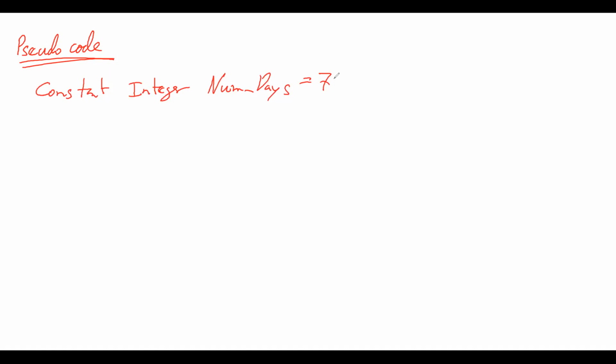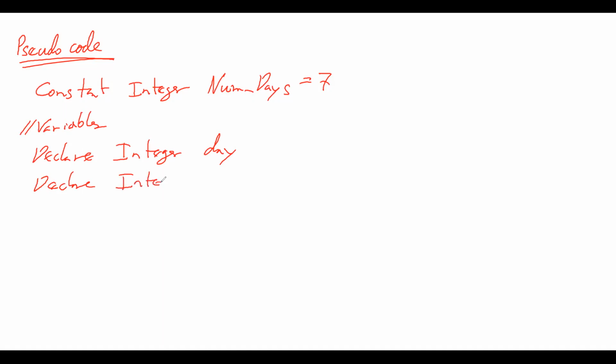Then we're going to do some variables. Put a comment here: variables. And I'm going to say declare integer day. All right, then we're going to declare integer bugs today.